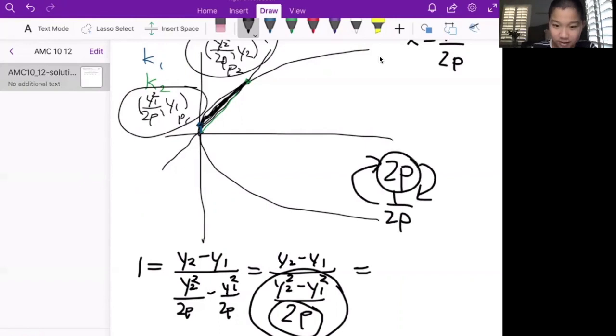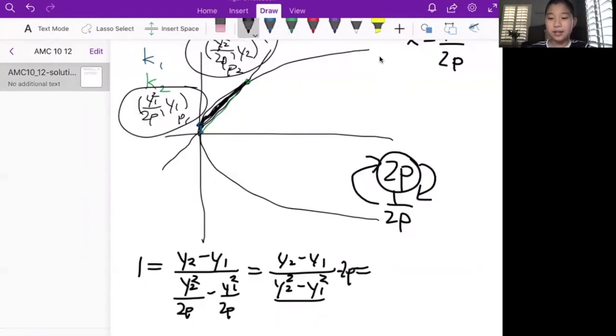So this is equivalent to multiplying by 2p right there. And then there's a difference of squares at the denominator.